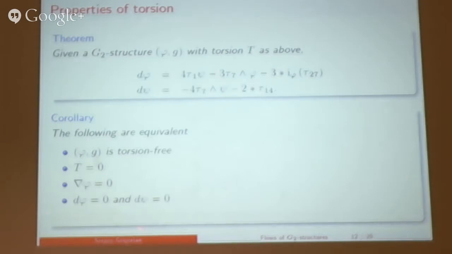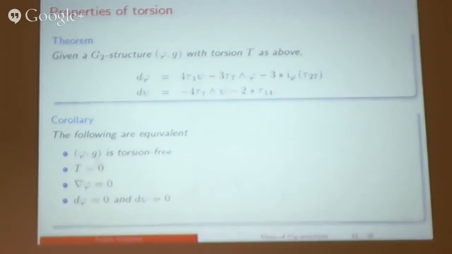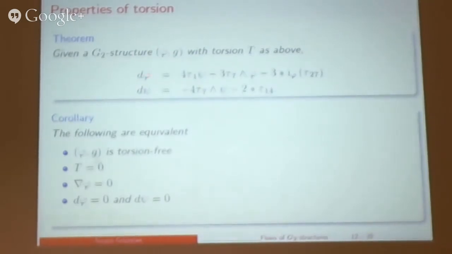Another equivalent way of saying this is that both d phi equals 0 and d psi equals 0, because in order for these two to be 0, each of the 4 components of the torsion has to vanish individually. If M is moreover compact, we can add an extra equivalent condition that the Laplacian of phi is 0.